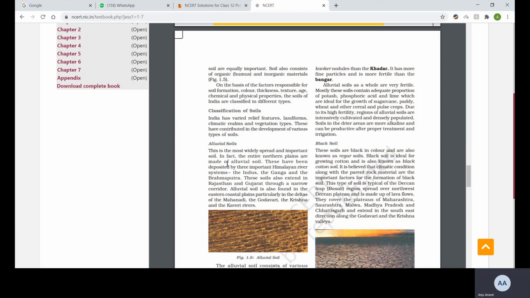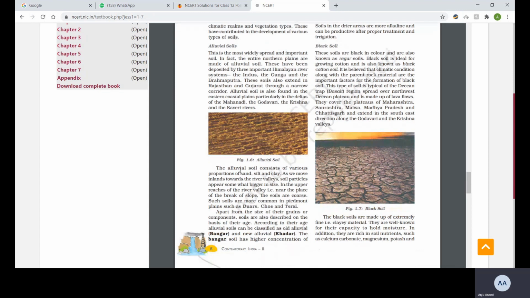This soil is formed by the silt and sand brought down mainly by 3 rivers, Ganga, Brahmaputra and the Indus. And these soils are also found in the coastal plains where the rivers Mahanadi, Godavari, Krishna, and Kaveri flow, that is the deltas.